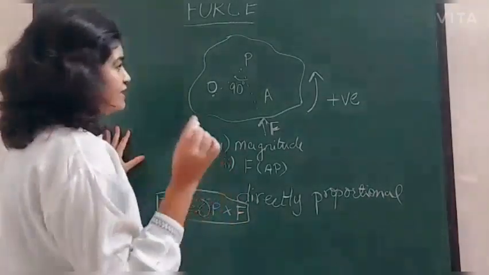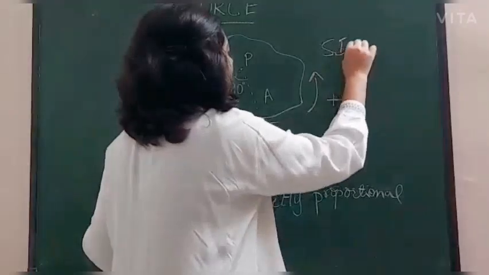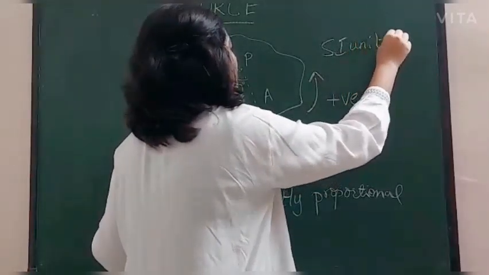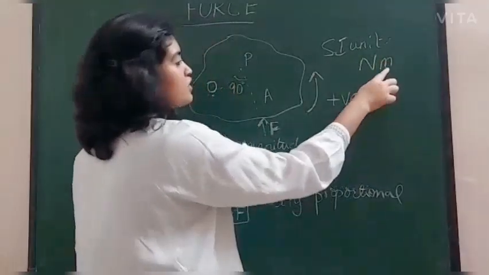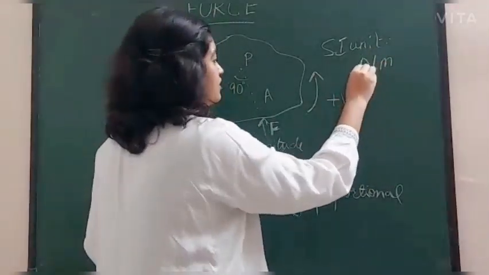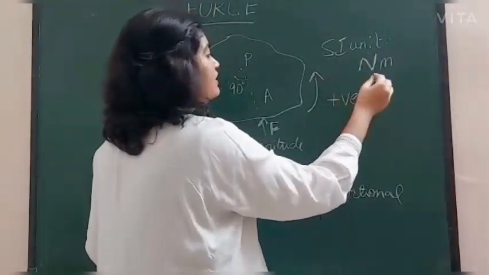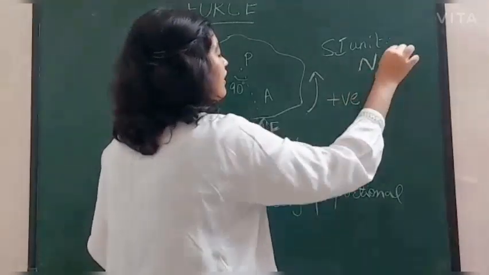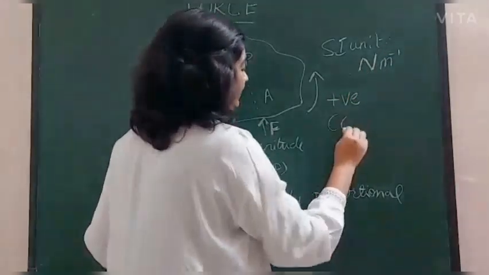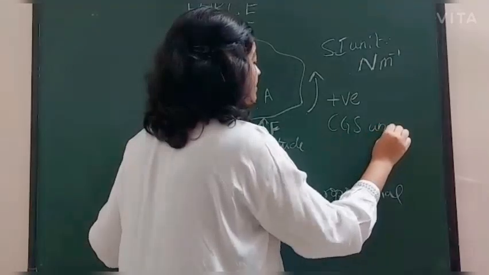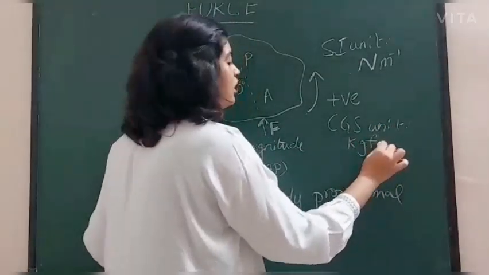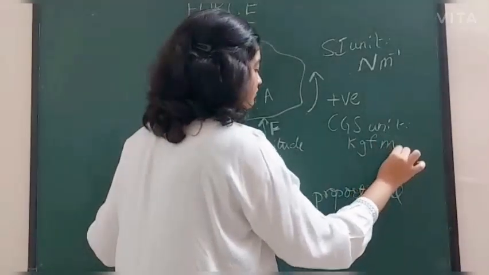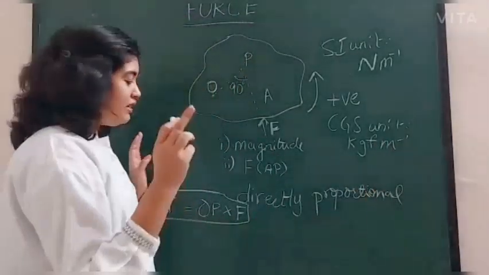If we talk about the SI unit, the unit is Newton meter, where M is the meter and N is Newton. In SI it is Newton meter, and for the CGS unit, I'll write it here: kgf meter.